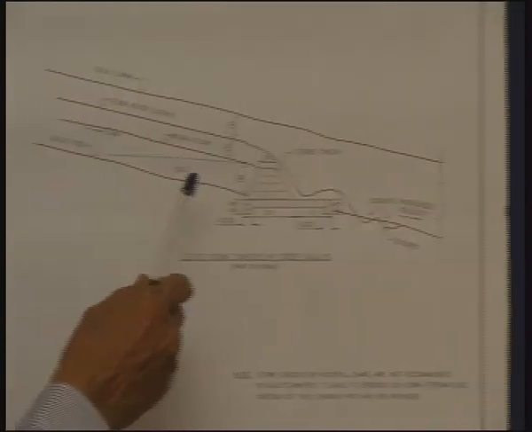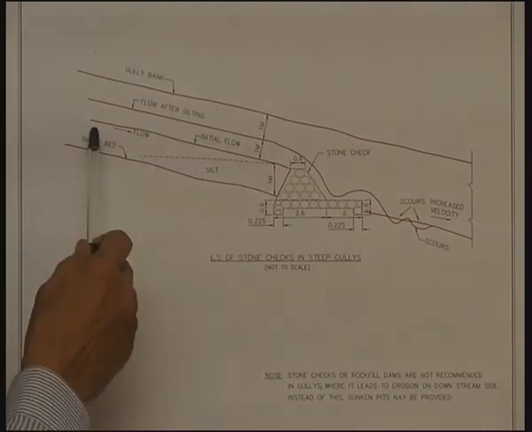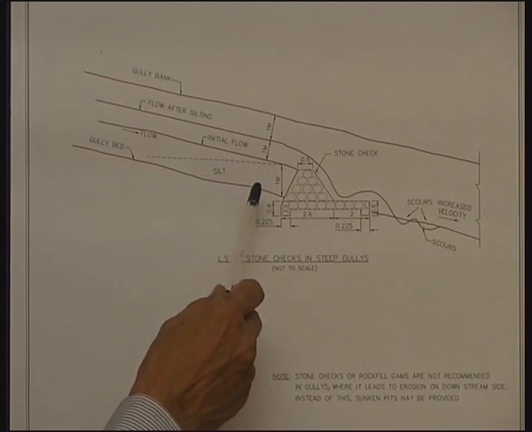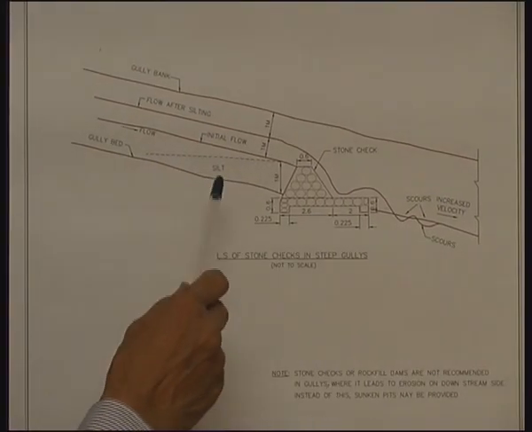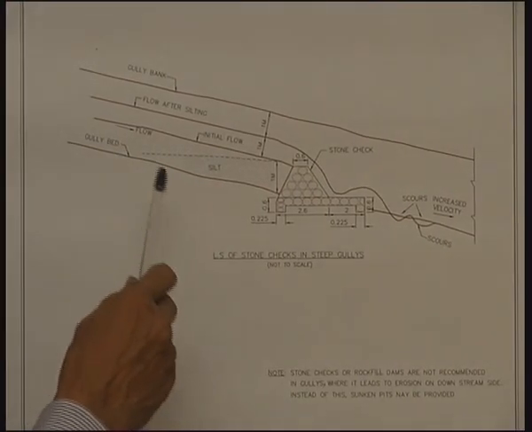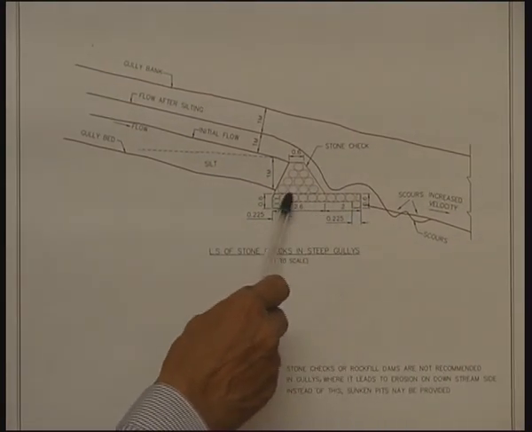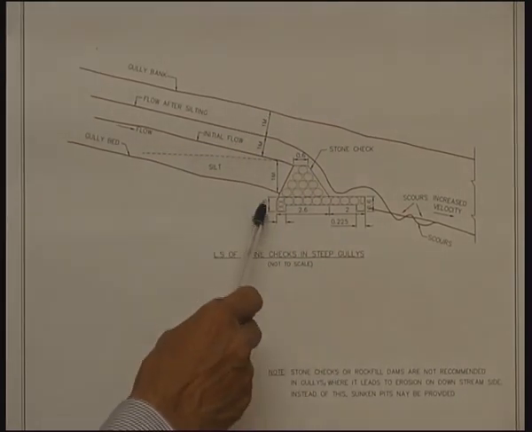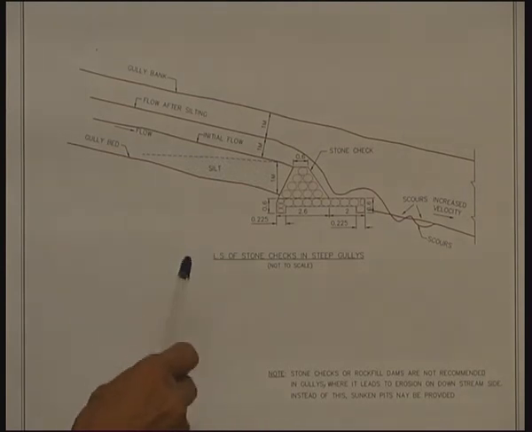The idea is that the flow in the gully, which was causing certain erosion, will have to be reduced in velocity, and such reduction in velocity would reduce the erosion in the bed and sides, and therefore a rubble fill dam or rock fill dam of this type would be needed for those functions.